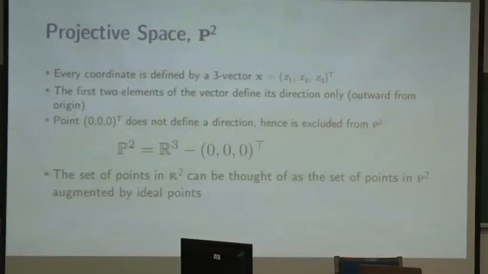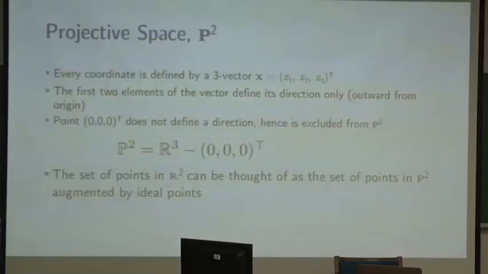And the set of points in R2, so this is one way to think about P2. Another way to think about P2 is really all the vectors in R2, all the set of points in R2 written as equivalence classes in a length 3 vector, added to that all the ideal points.